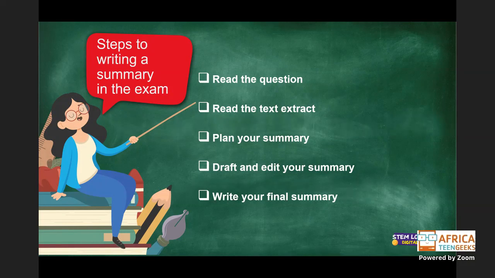Just to refresh you again, a summary is a shortened version of a longer text, and it keeps the basic meaning of the text. So every time you think about a summary, think basic meaning. What is the basic meaning of this whole paragraph, for example? What is the main point there? That is what you highlight.